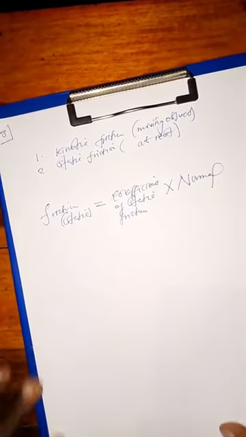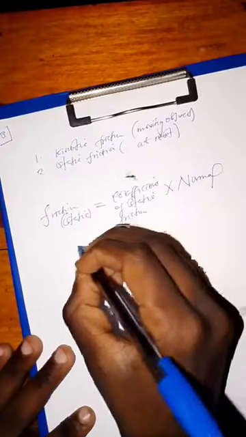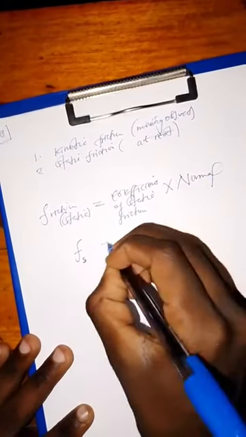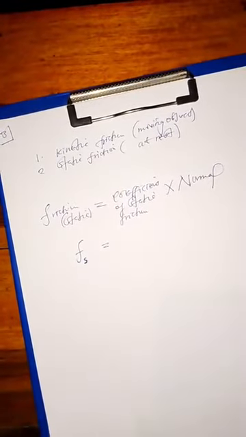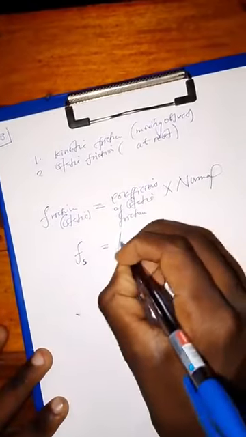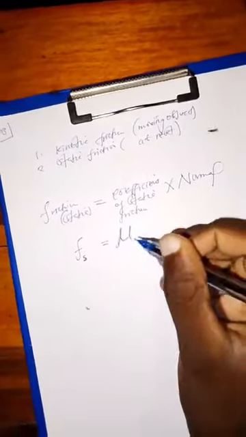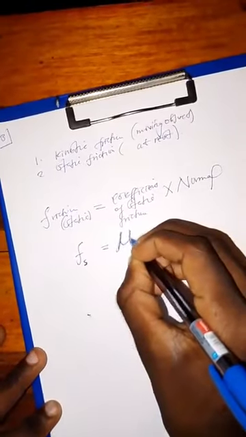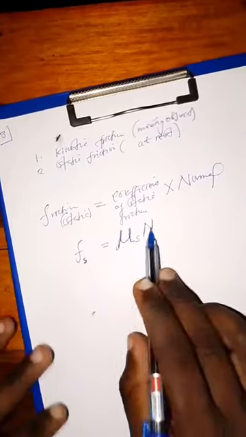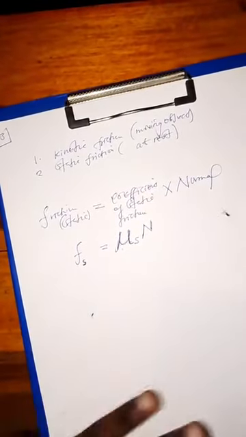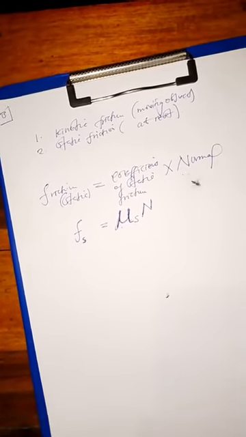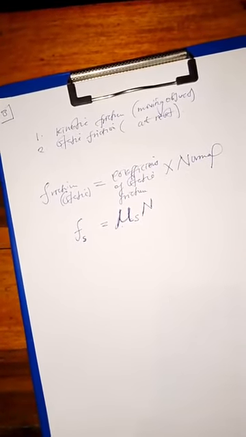You're going to write it like this: friction, that is F subscript s, should be equal to the coefficient of static friction, which you write as mu. Not u but mu. So it will be mu s, then the capital N. This is the coefficient of static friction times the normal force. Don't mind the insects that are moving on my paper. I'm recording from outside.